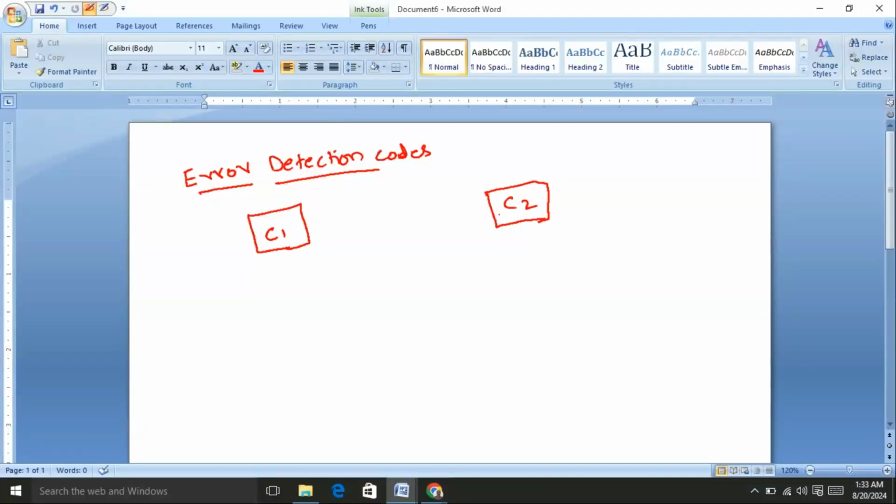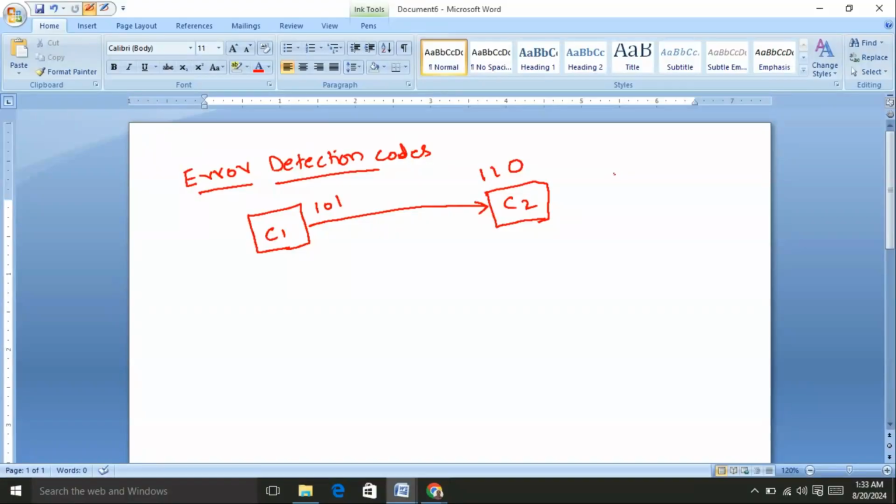For example, I am sending one data, simply 101, from component C1 to component C2. Due to some problems or external noise, the data that reaches C2 is, suppose, 110.